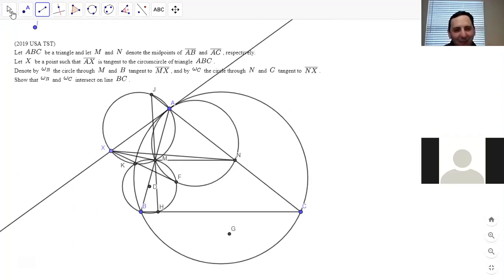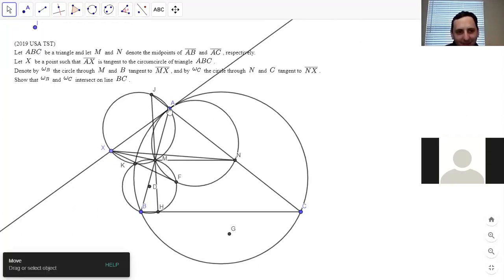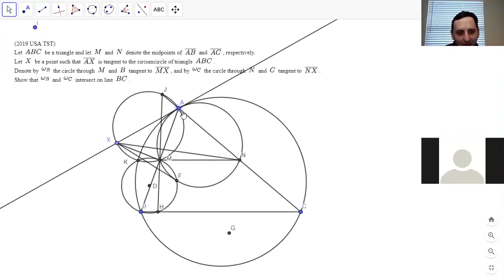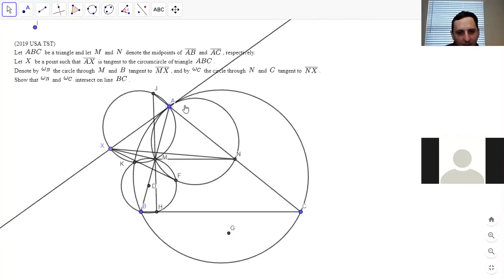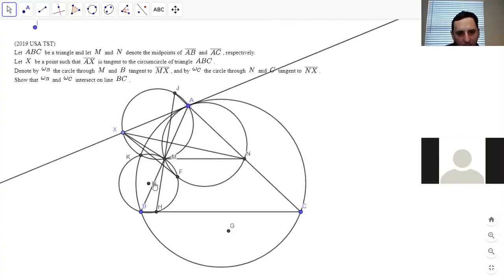Yeah, it is given in the problem. If we define F as he said, then we will have a symmetric one, so we need to just prove that for one circle. So if we just define F to be the tangent, then we want to show that BHMF is cyclic.